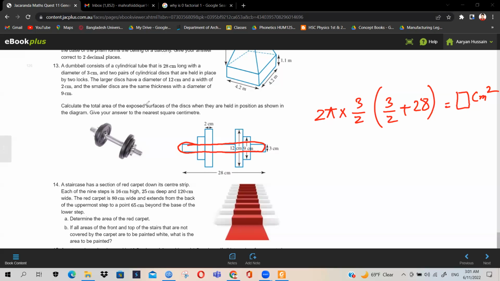So the discs are also cylindrical. Larger discs have a diameter of 12 centimeters and a width of 2 centimeters, and the smaller discs are the same thickness with a diameter of 9 centimeters. Now, what you have to understand here is, this is a cylinder, and they are saying thickness.